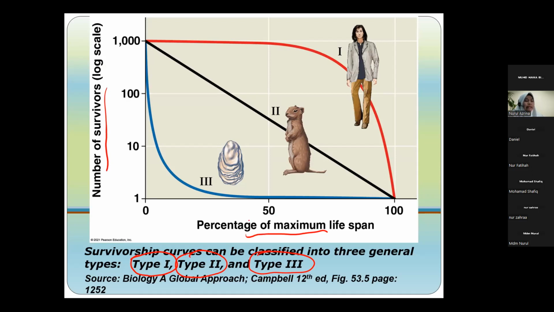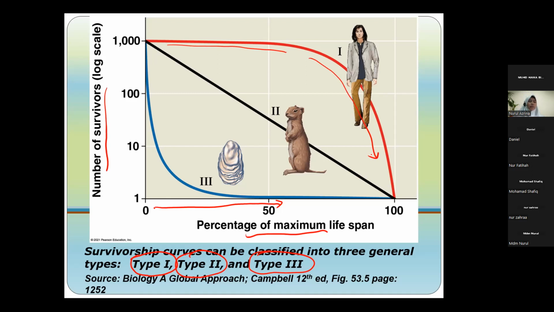You can see that for type 1, high number of survivor, right, from start of the early age until 50s. Maksudnya there is high rate of survivor at young age, and most of mortality, right, or high death rate happen due to senescence, disebabkan oleh penuaan. Kematian berlaku banyak disebabkan oleh penuaan. So that is explained by type 1.